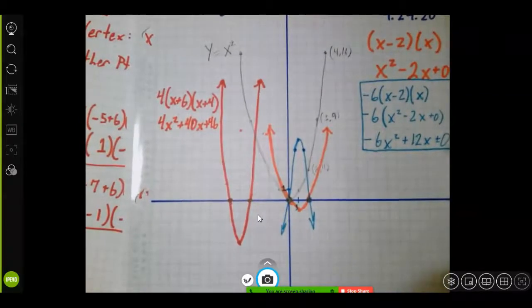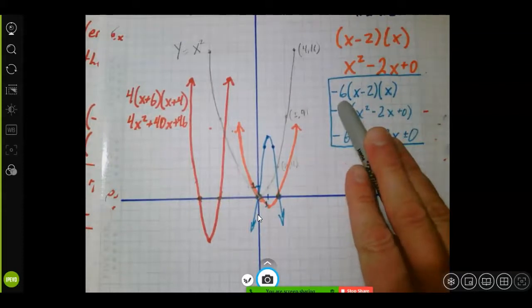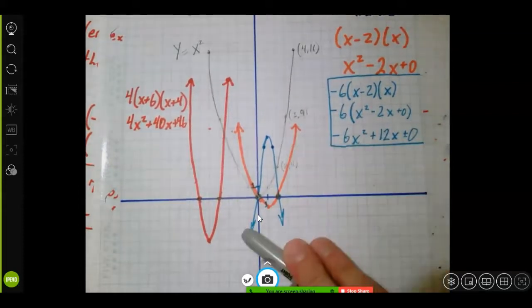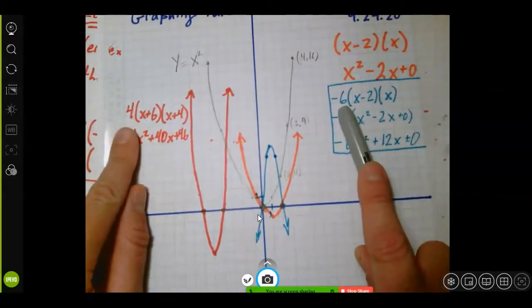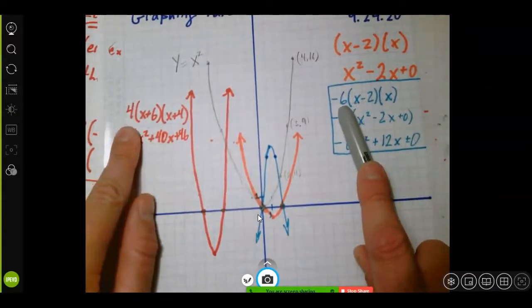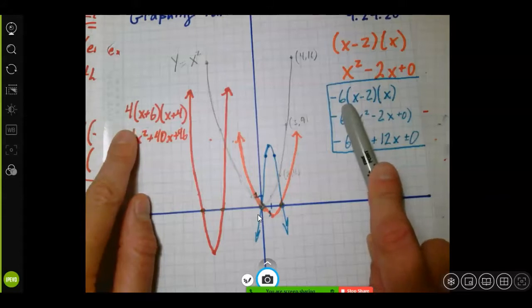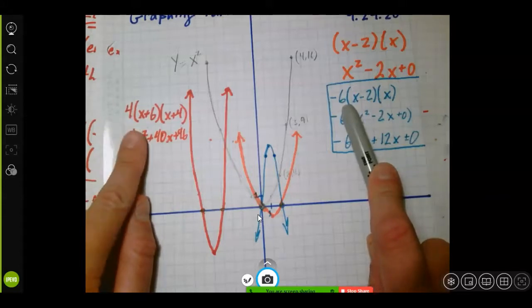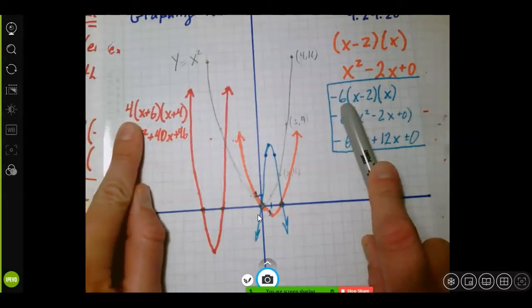So I think what we figured out today is the negative leading coefficient flips our parabola, right? Any leading coefficient that has an absolute value greater than 1 tightens our parabola, and the further that number is away from 0, like if we compare the graph with the 4 as the leading coefficient versus the 6 or negative 6 as the leading coefficient, the one with the 6 is tighter, right?